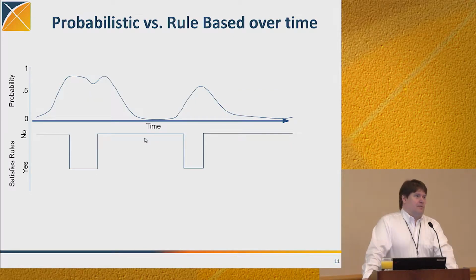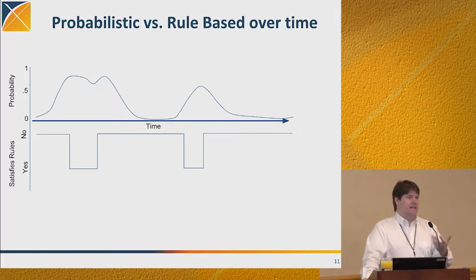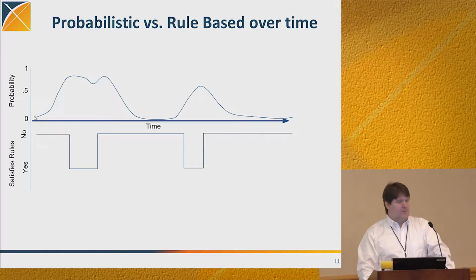So just to give a little picture of how cohort definitions and phenotyping come together, what I have on this diagram is basically a timeline for a single person. The top side of this timeline is what a probabilistic model might show for every moment in this patient timeline about them satisfying a phenotype. As you can see, it goes from 0, and as time goes on, the probability that this person falls into a phenotype goes up, and then it goes down.